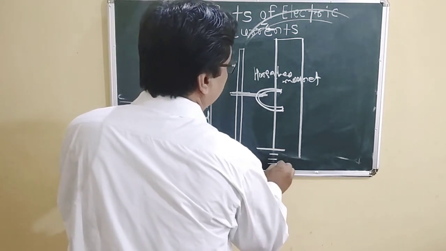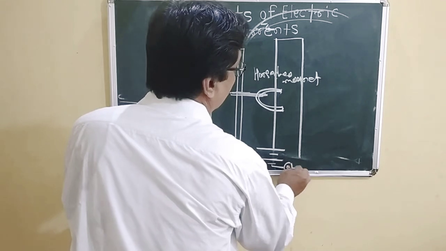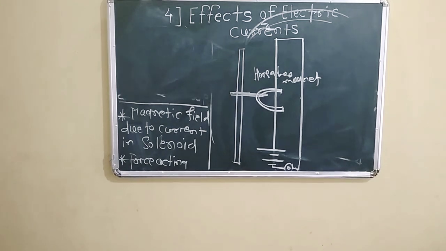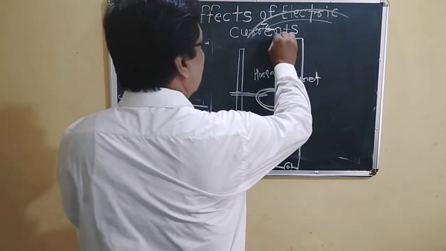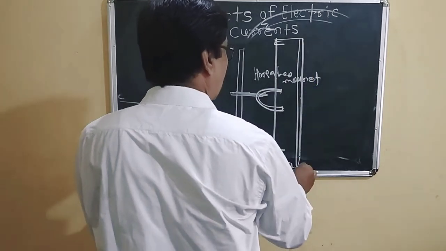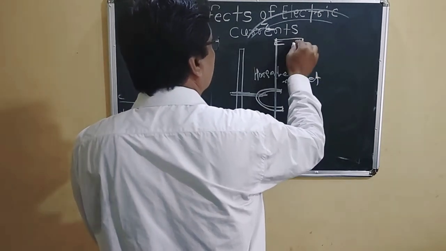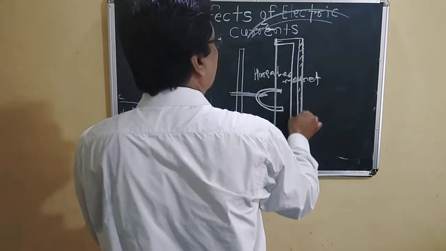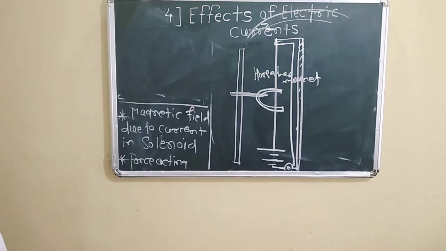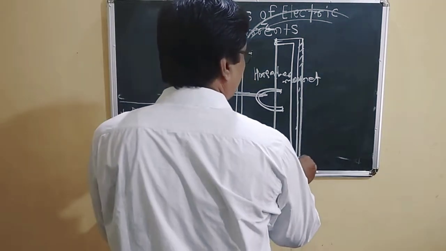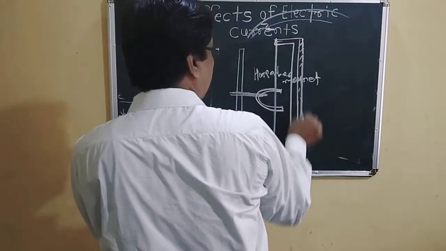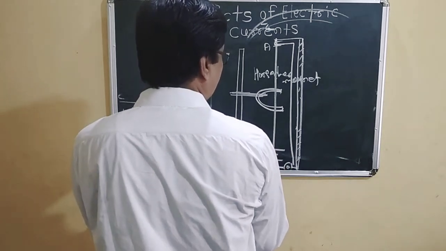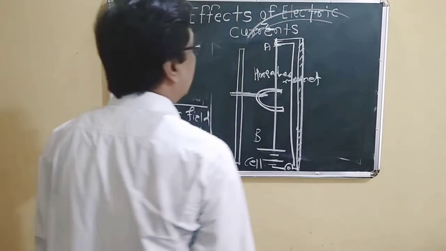Another stand is there, and this stand holds the terminals A and B. Here is the cell.